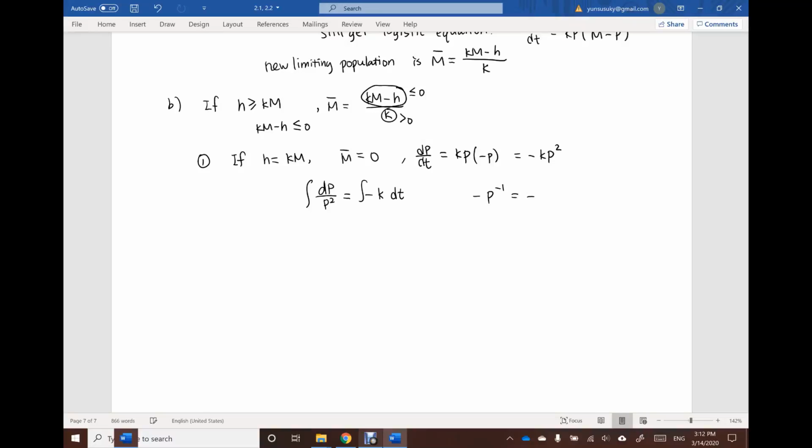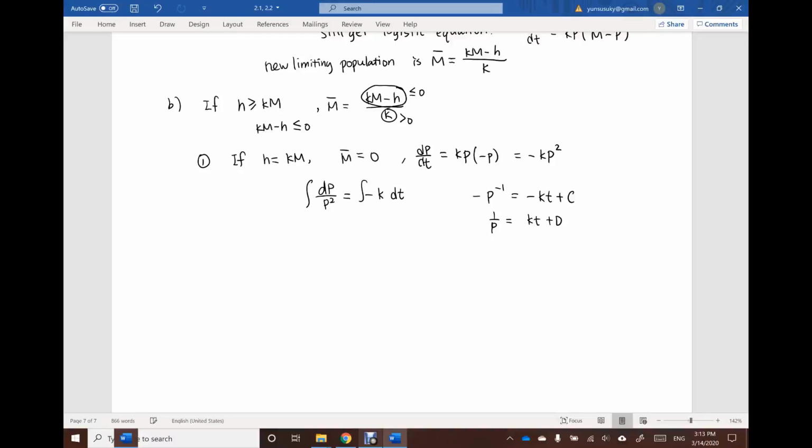And on the right, we have minus kt plus C. So we can multiply by negative 1 on both sides. Then we have 1 over P is kt minus C, and I can rename it as a new constant D.